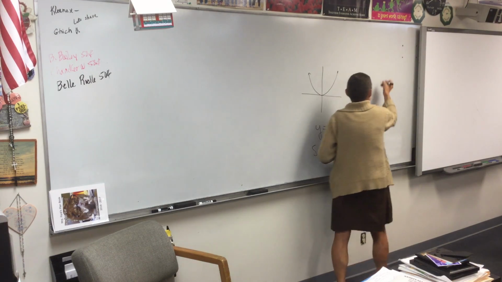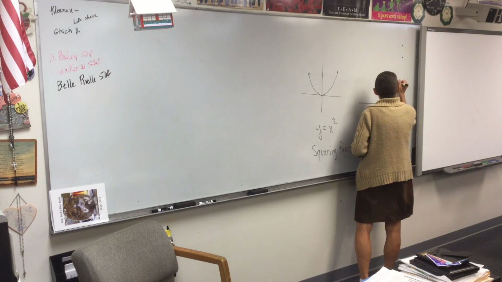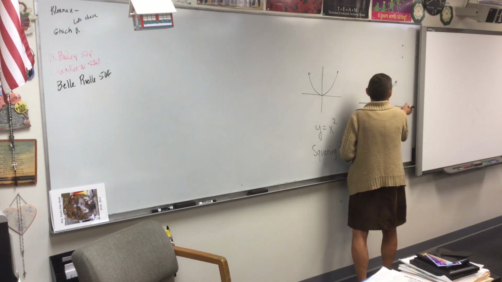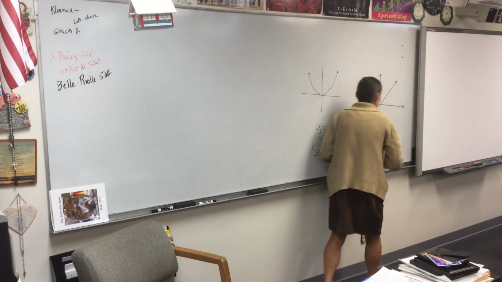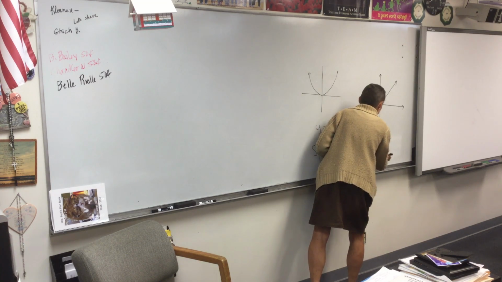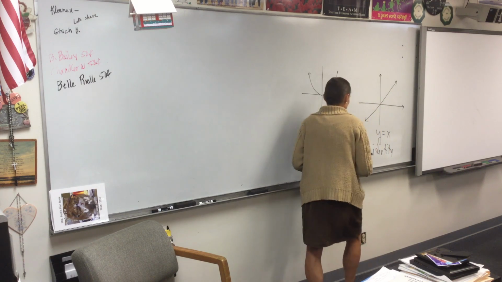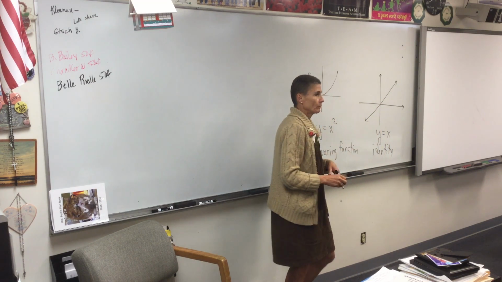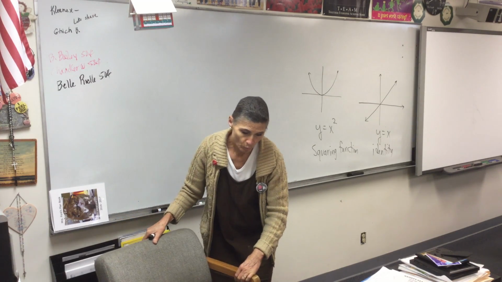All right, now our second card is going to look like this. And this is the equation y equals x, and it is called the identity function. You don't need to put the word function on there if you don't want to, if that just makes it more stuff.